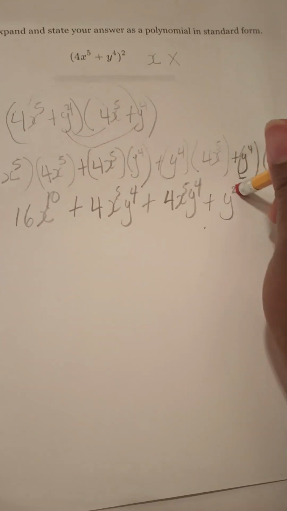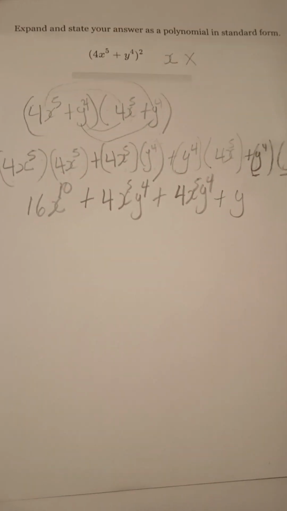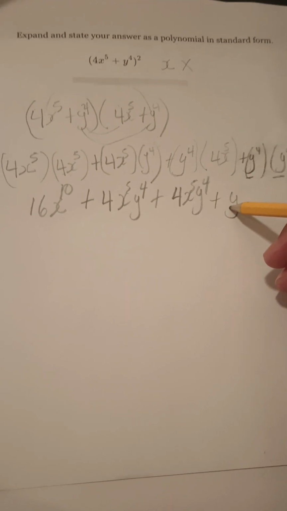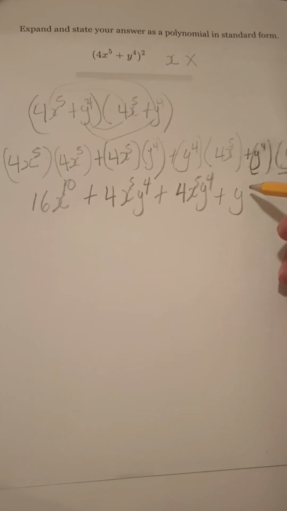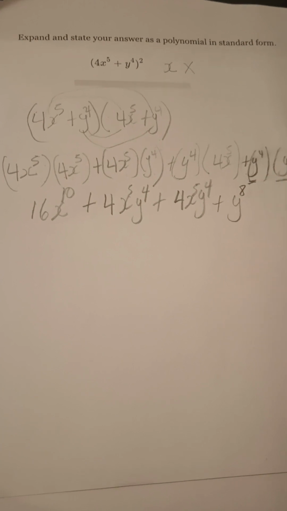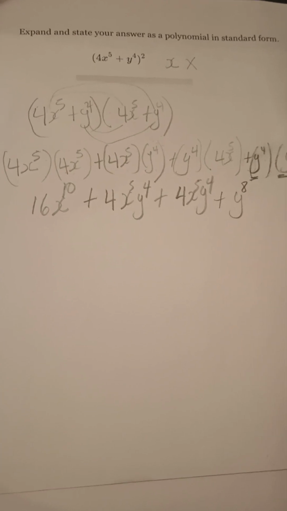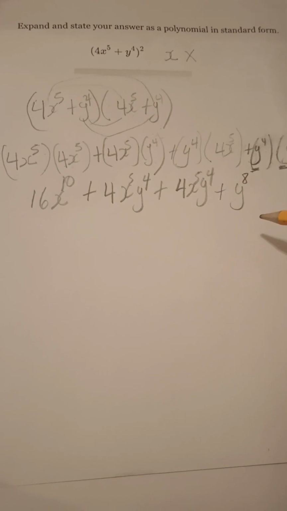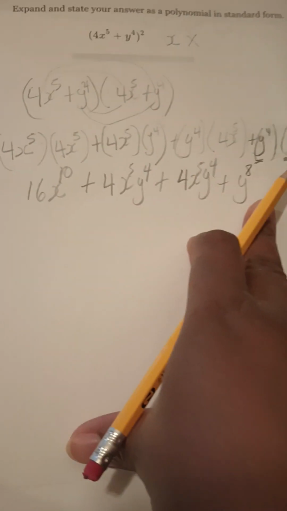No, I'm sorry, that's not true. y^4 times y^4 is going to be 1y, because 1 times 1 is 1, and 4 plus 4 is 8. Same base, and you add the exponents when you multiply. Right? So y^8.